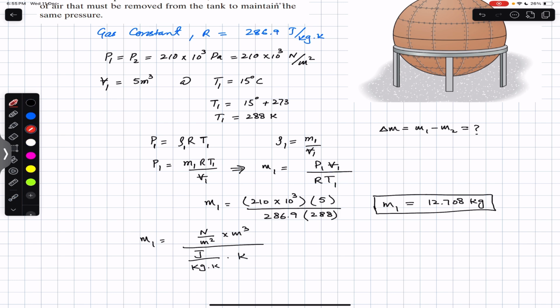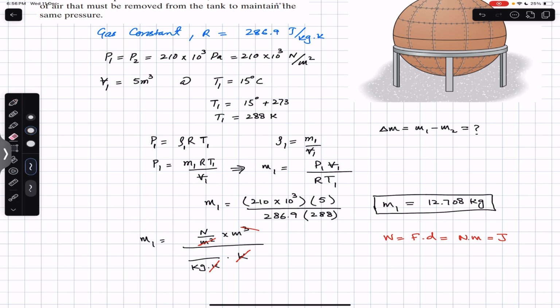Now you can see Kelvin cancels out with Kelvin, meter square cancels out with meter cube, and we know that joule is the unit of work done. Work done is force times distance, so it is Newton meter, and Newton meter is equal to joules. So we can replace this joules with Newton meter.